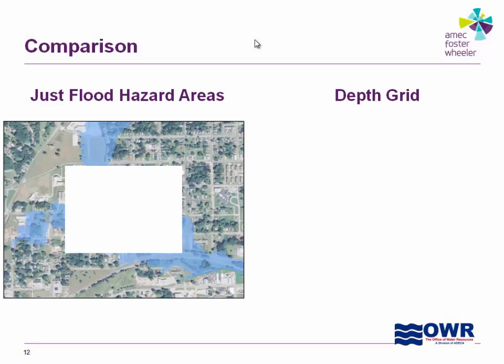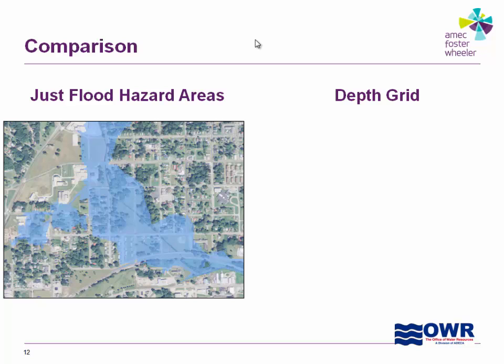And here we have a comparison, just flood hazard areas. You look at it and you're like, okay, I'm just as at risk as this guy, as this guy, which can kind of give a false sense of true risk.